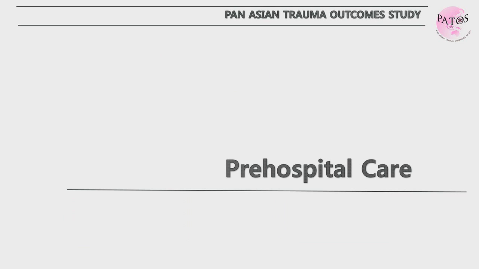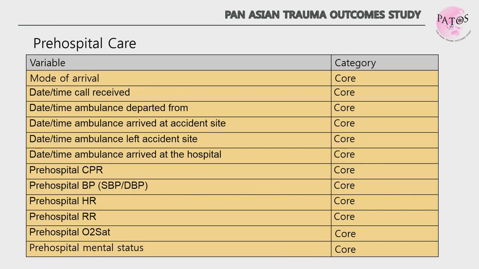We'll now review pre-hospital care variables. Core pre-hospital care variables include mode of arrival, date and time of call received, date and time ambulance departed from, date and time ambulance arrived at the accident site, date and time ambulance left the accident site, and date and time ambulance arrived at the hospital. We'll also collect information on pre-hospital CPR and initial vital signs and mental status measured during pre-hospital care.